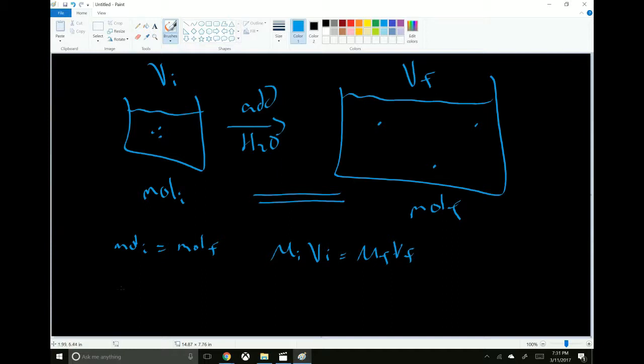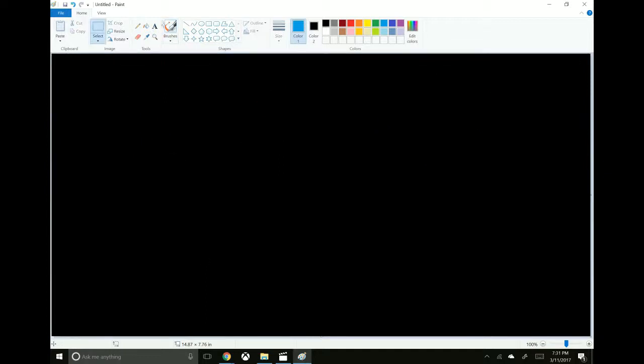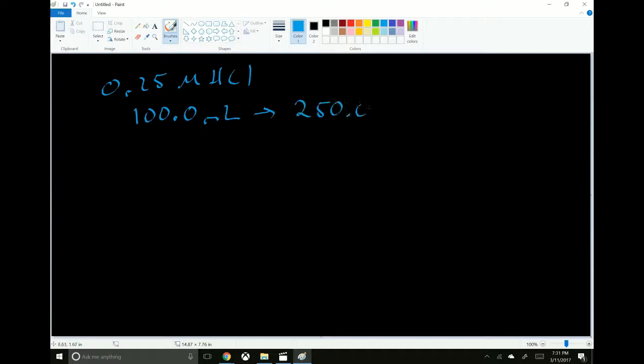So let's say we take our 0.25 molar solution of HCl. We pull out 100 mils, and we dilute it to 250 mils.